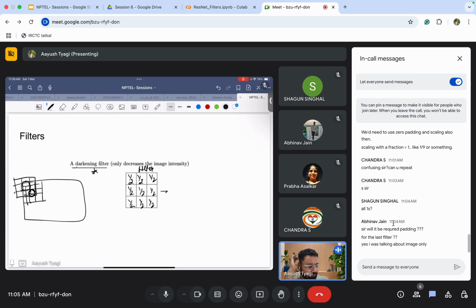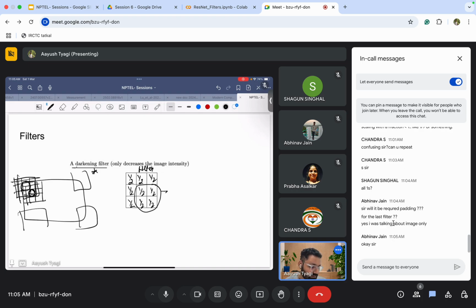Generally you have a zero padding, so these will be anyway zero. So padding is required for the image, definitely for all the corners.